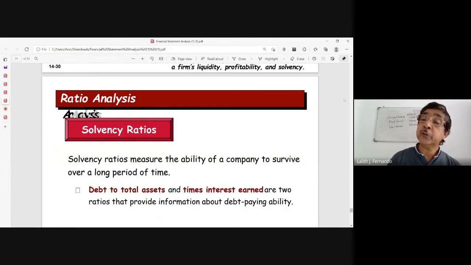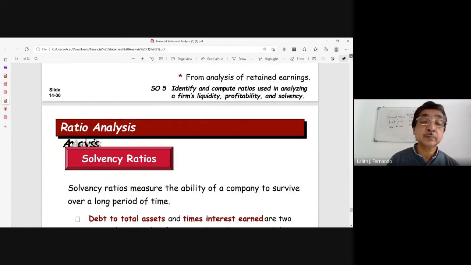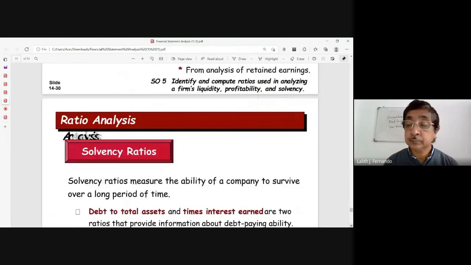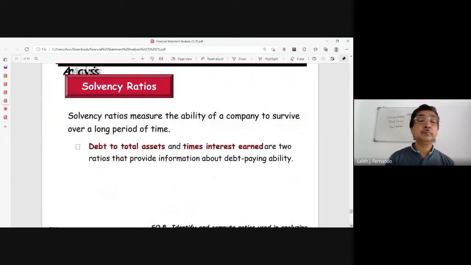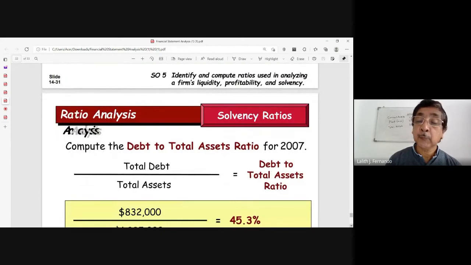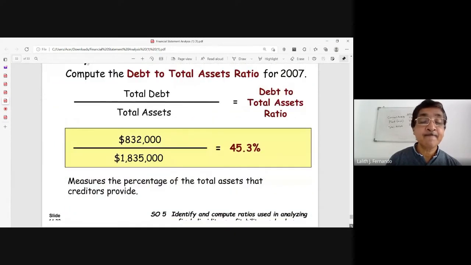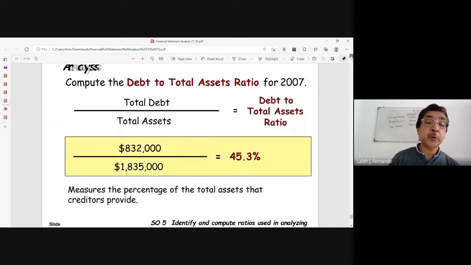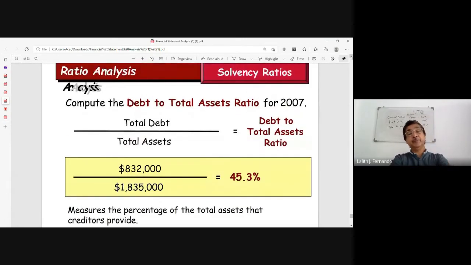Now, then we go into solvency ratios. Debt to total assets, times interest earned. Now, these are just ratios, and if you know the formula, you can calculate.